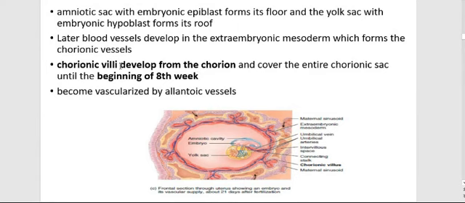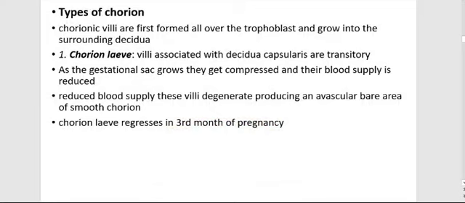What does the word villi mean? It has to do with finger-like projections. These finger-like projections arise from the chorion, so they are called chorionic villi. They begin in the 8th week, but we saw some of them starting slowly in the 2nd week.